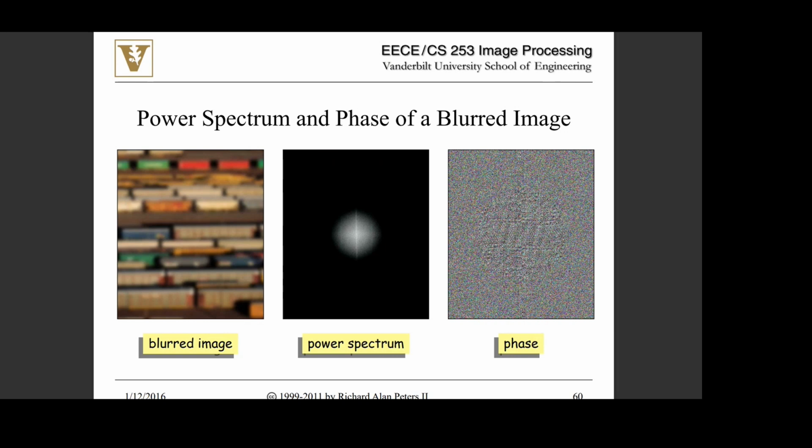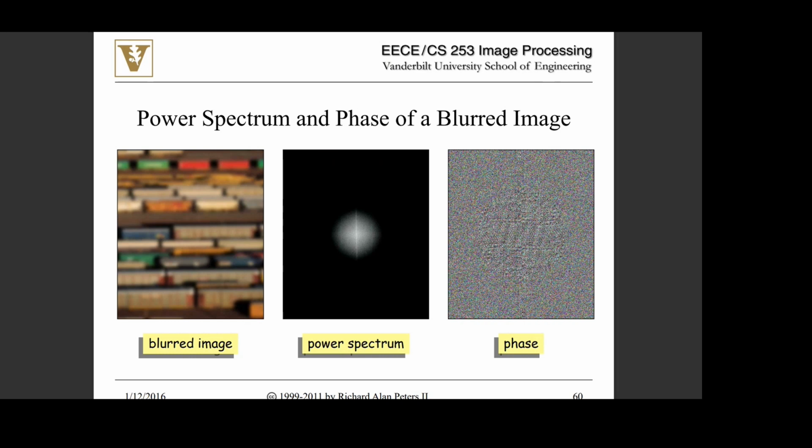This is the original image or the blurred image, and this is the phase. And why doesn't the phase vanish? It doesn't go to zero. This one seems to go to zero, this one doesn't, because the Gaussian never vanishes.